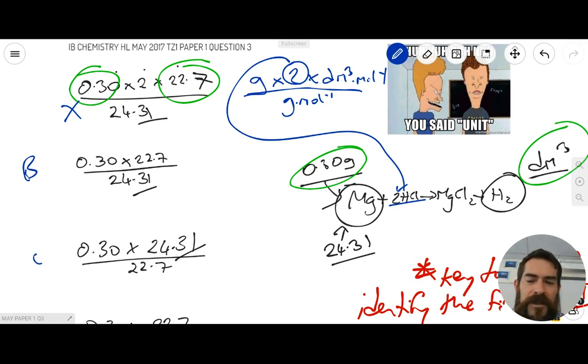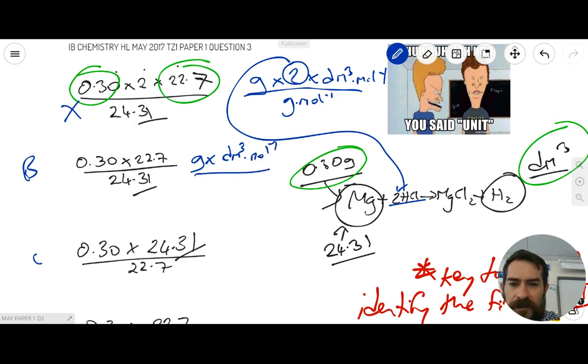Already we're only a few minutes into this question, and we'll finish it off pretty fast now. In option B, we have 0.30 grams multiplied by the molar volume of 22.7 decimeters cubed per mole.